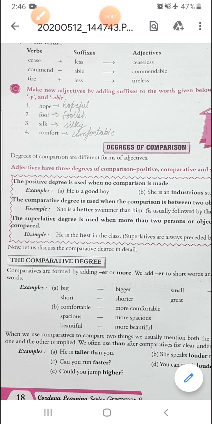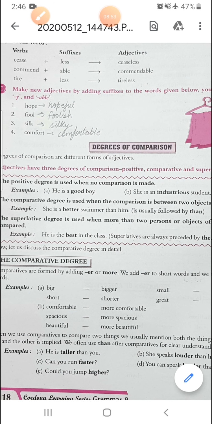It means if there are 2 students, Rahul and Raju, and I am comparing 2, so I come to know that Rahul is taller a bit, or maybe whatever, but he's taller than Raju. So these words tell us the comparison between 2 objects or individuals.